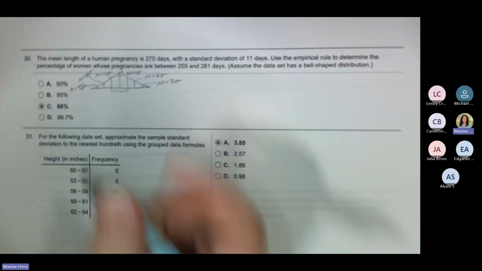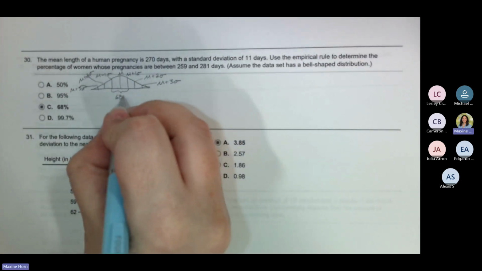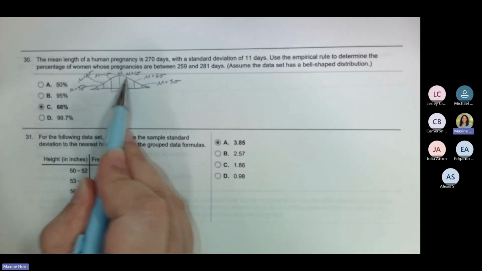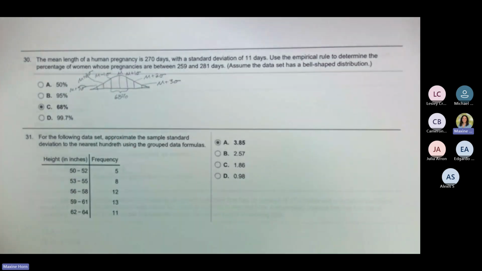Okay, so the empirical rule says that if we go out 1 standard deviation to the right and to the left of the mean, that 68% of the data lies right in here.